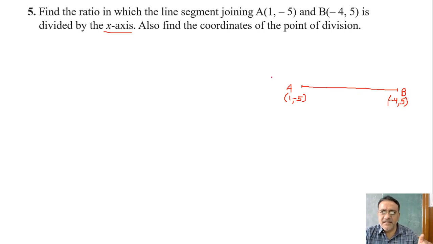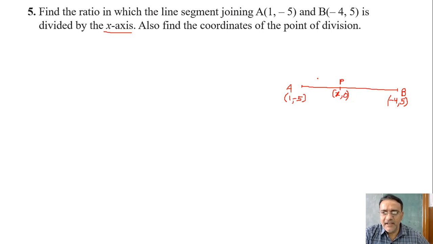It is divided by the x-axis, and we know that on the x-axis which coordinate is 0? Y coordinate. Very good. So the point on the x-axis is in the form of x, 0. If the y-axis were given, then the x coordinate would be 0, and the point would be in the form of 0, y.